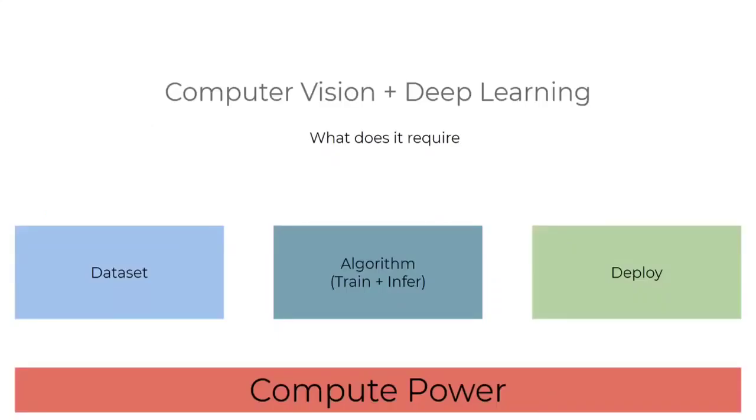If you look at the amalgamation of computer vision, especially applying deep learning to computer vision, you come across these broad components. So you start out with a large visual data set. This could be labeled or unlabeled depending on your purpose. On the algorithm front, you have two. First, you have a training algorithm, which is like teaching an artificial brain a new concept or maybe trying to build further upon an existing knowledge base.